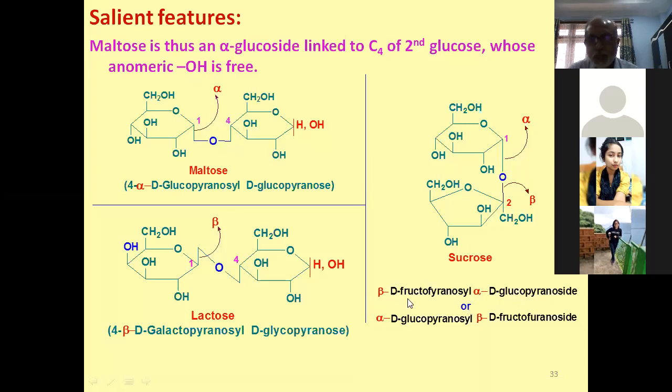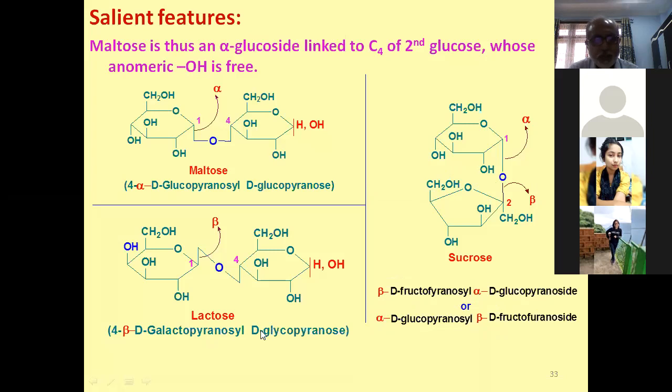So it is beta D-fructofuranosyl alpha D-glucopyranoside. Or the other way also, we can take alpha D-glucopyranosyl beta D-fructofuranoside. And what is the linkage? The linkage is that of the glucopyranosyl, but through an alpha glycosidic form.